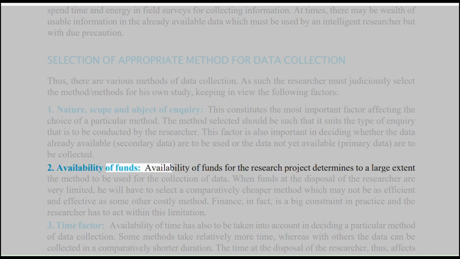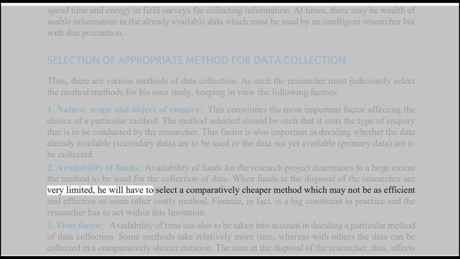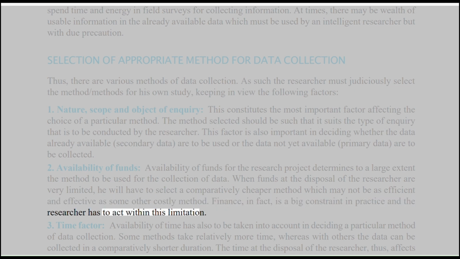2. Availability of funds. Availability of funds for the research project determines to a large extent the method to be used for the collection of data. When funds at the disposal of the researcher are very limited, he will have to select a comparatively cheaper method which may not be as efficient and effective as some other costly method. Finance, in fact, is a big constraint in practice, and the researcher has to act within this limitation. 3.